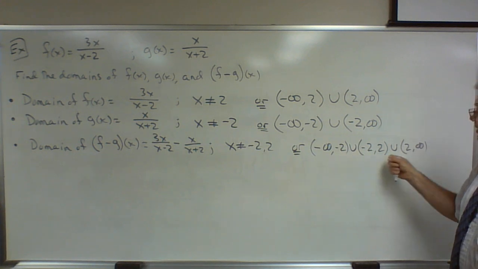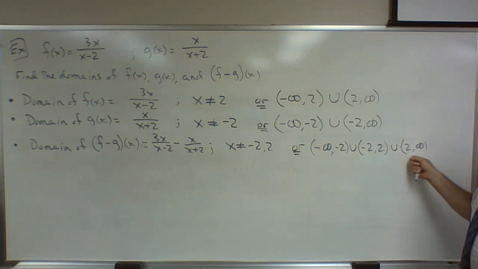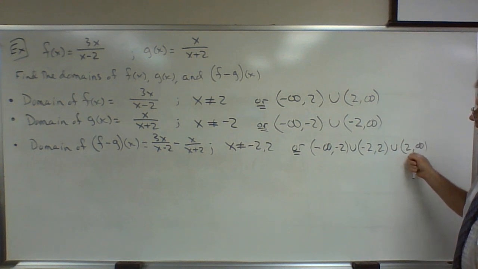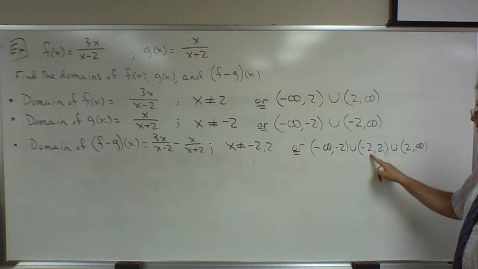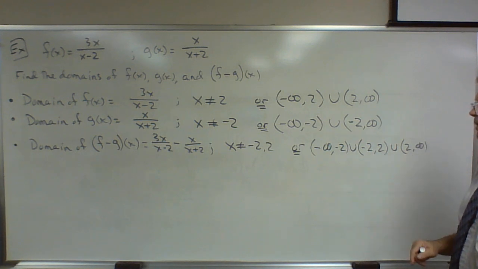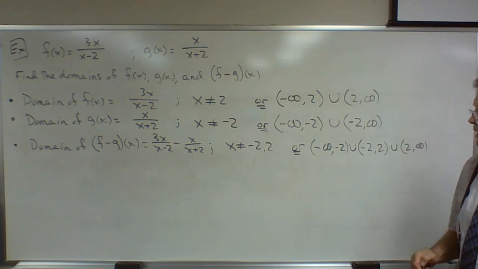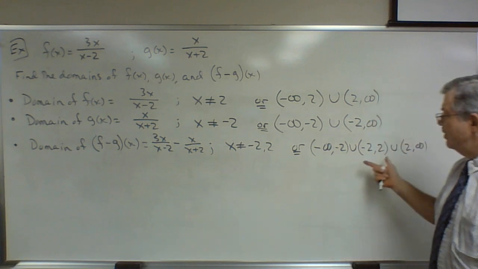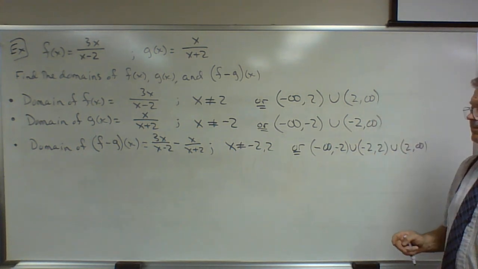The union of these three intervals contains all of the x values, all of the real numbers, except x equal -2 and x equal +2. So we can denote the domain this way or this way.